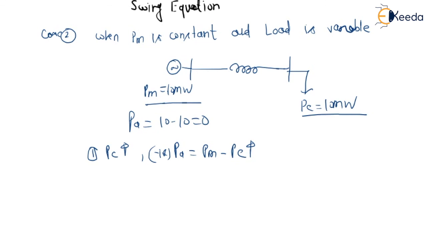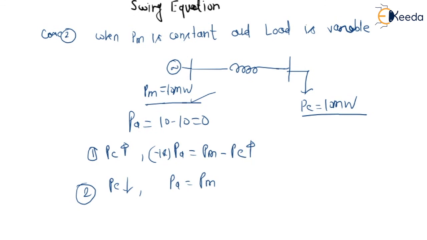So when NS is constant, delta is reducing when load has been increased and PM is constant. The second point is when PE has been decreased, then we will calculate the value of PA equal to PM minus PE.